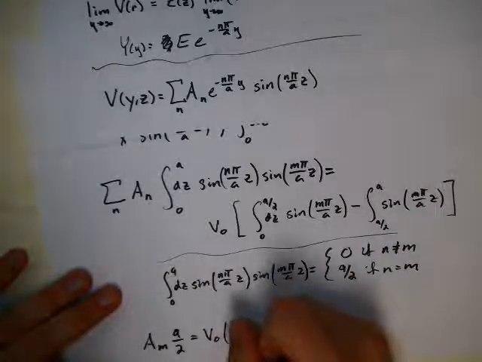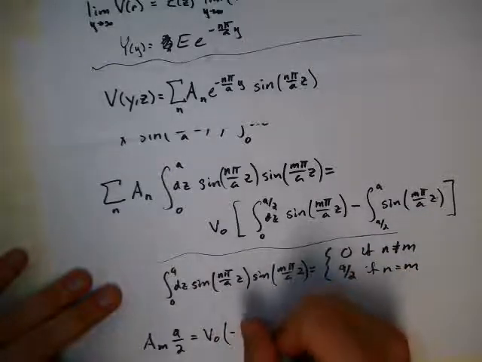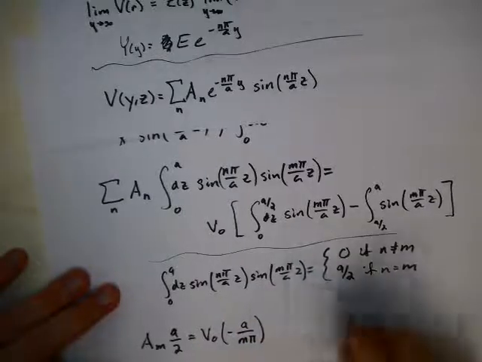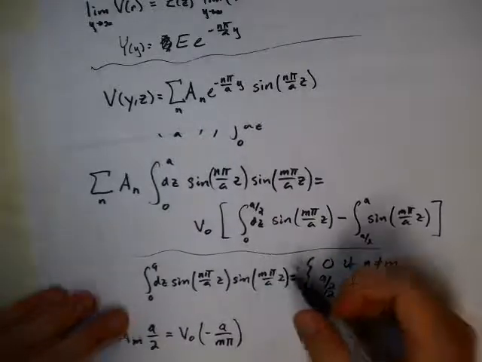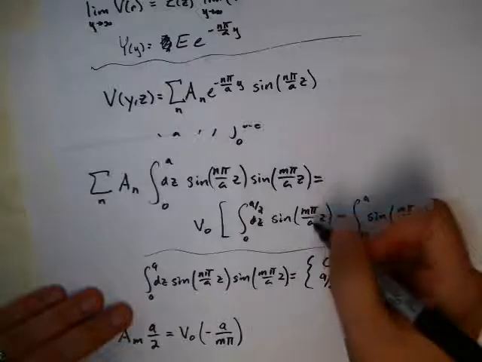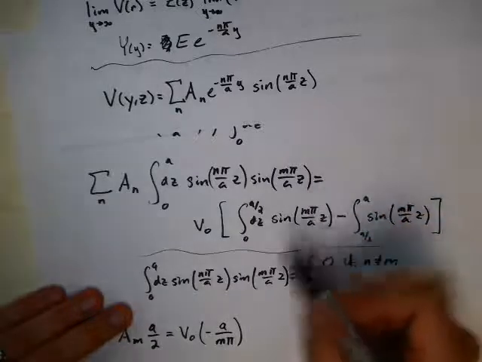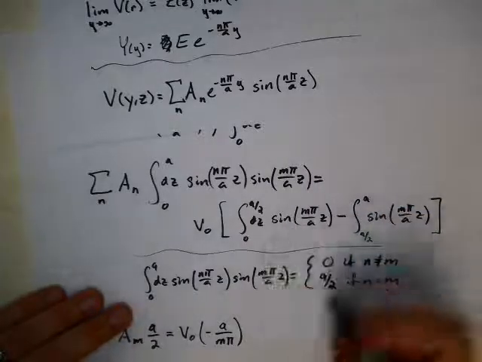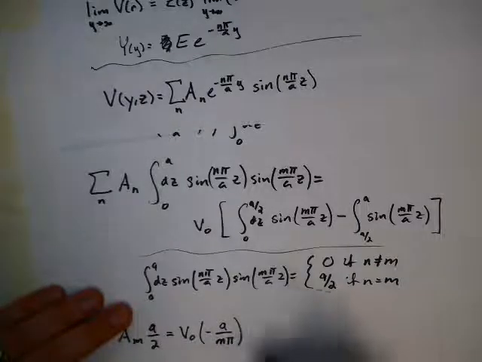We're going to have a minus a over m pi, and then the integral of sine kx is minus 1 over k cosine. So that's the minus 1 over k.